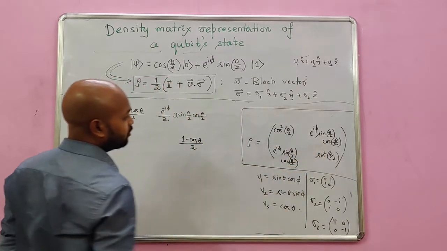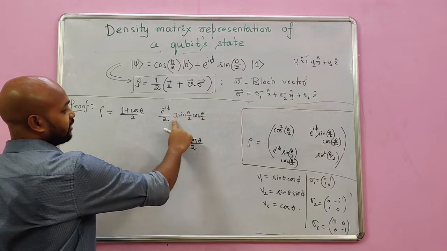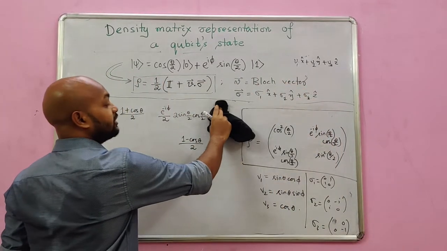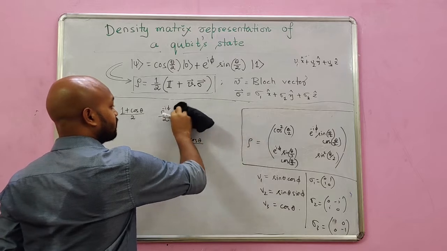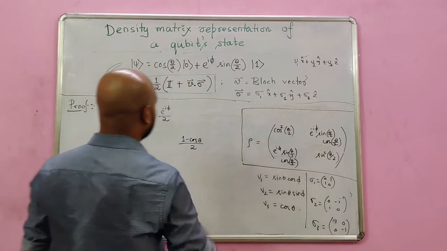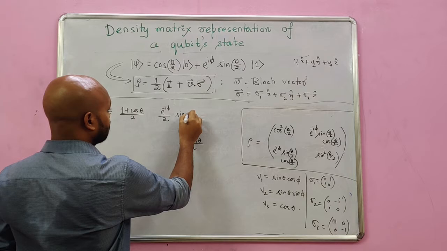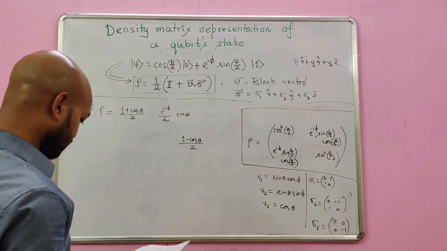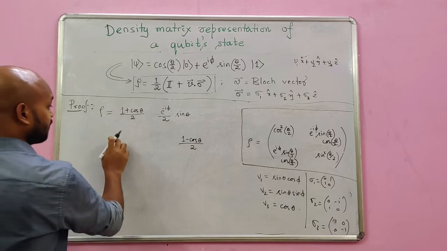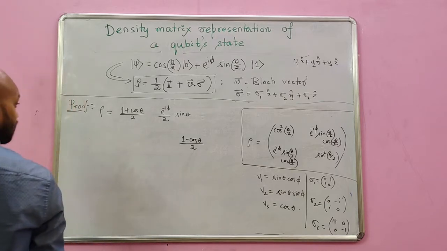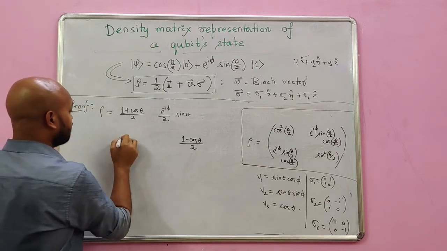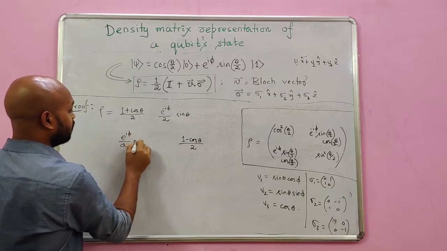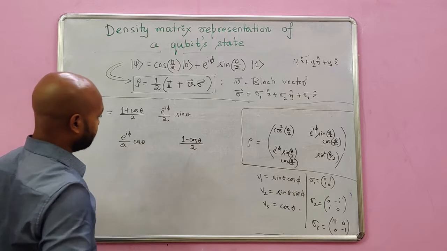Now you can see that this term is nothing but sine of theta. So this becomes sine of theta. And this term here can be converted to e power i phi by 2 times sine of theta.